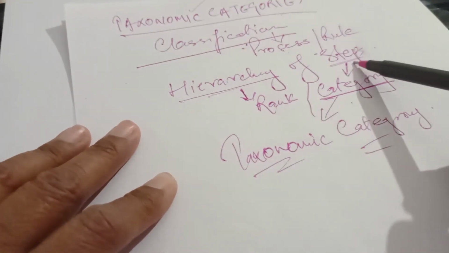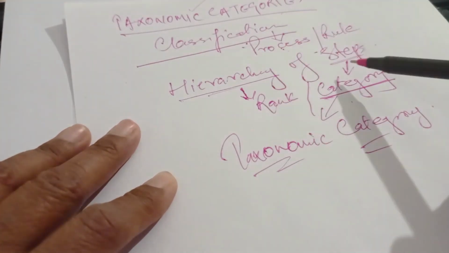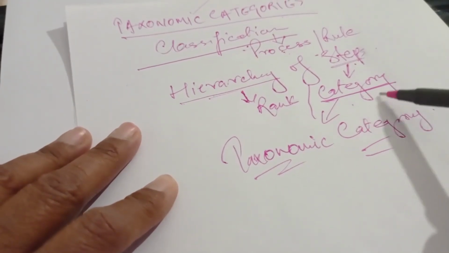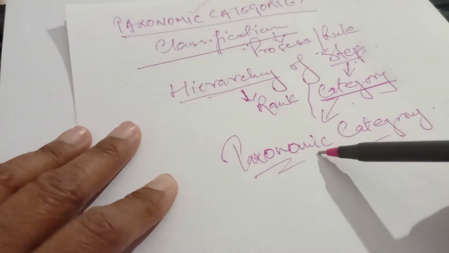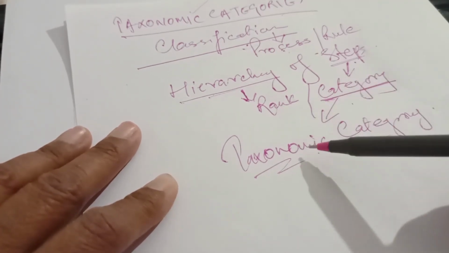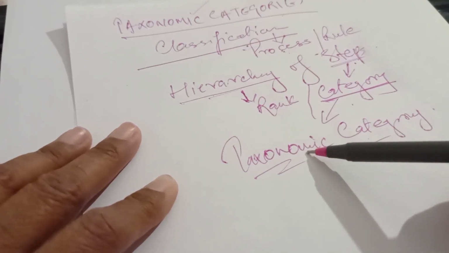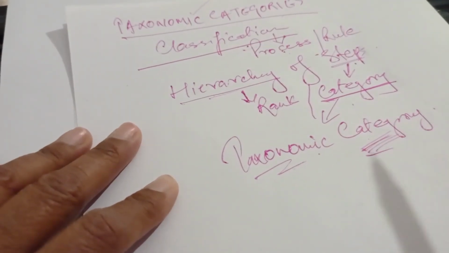The steps in the hierarchy, the steps in the process of classification, each step is known as a category, and as it is a part of the overall taxonomic arrangement, it is called a taxonomic category. Taxonomy means classification, the process of arrangement, the process of classification.